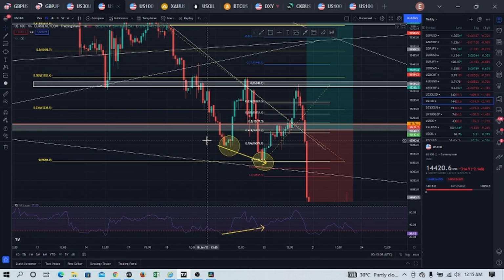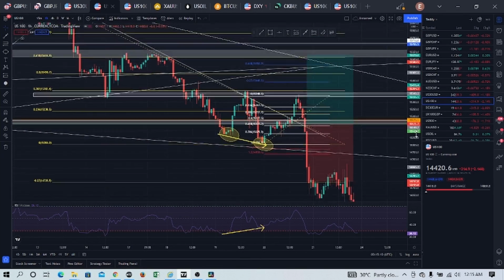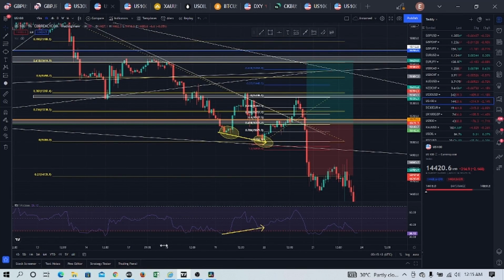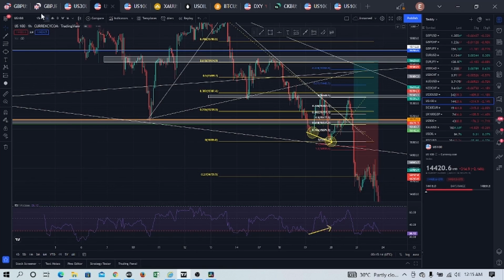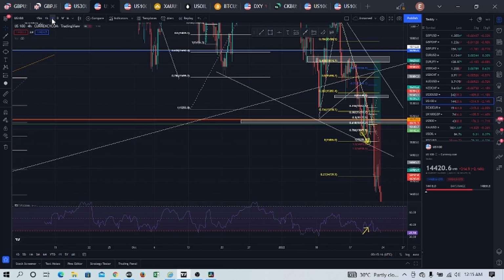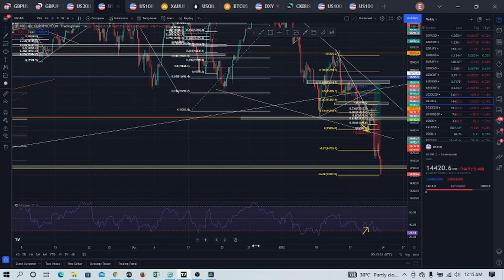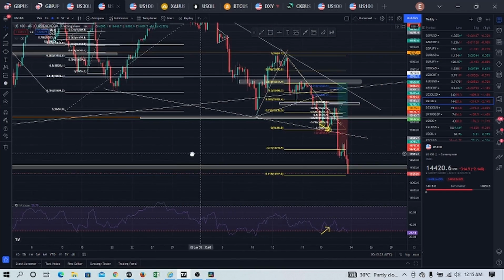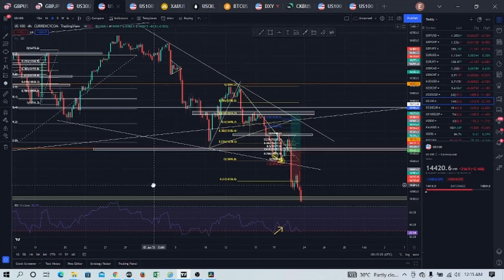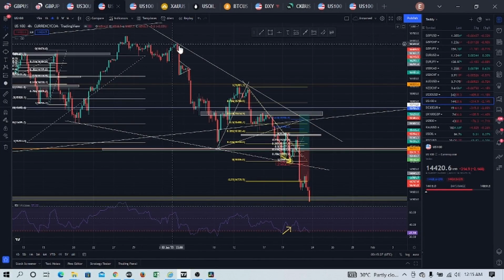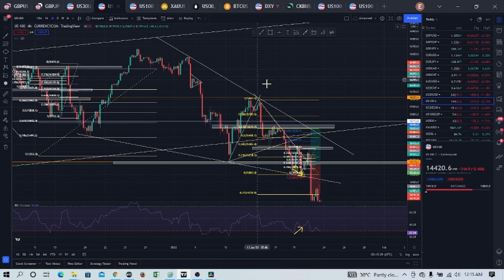Now, the final confluence, the fifth confluence, is another chart pattern. Let me go to the 4 hours so you can see it clearly. Now, if you take a critical look at these major structure lines, these trend lines, and these ones, this forms what we call the falling wedge.